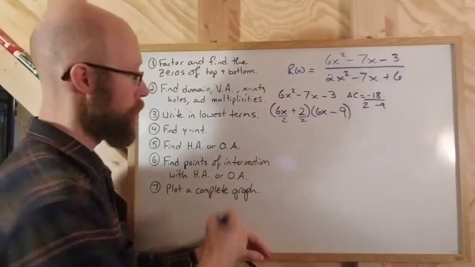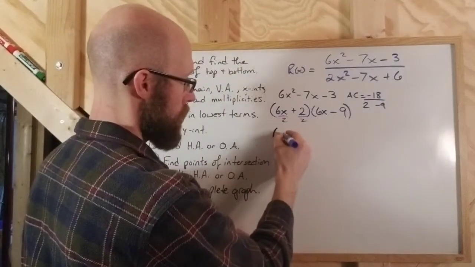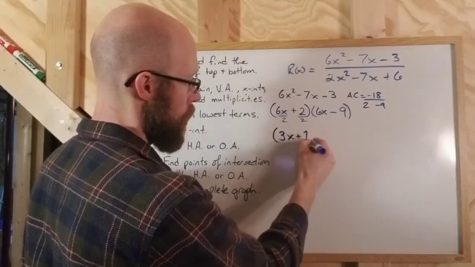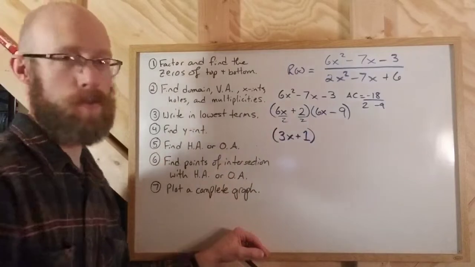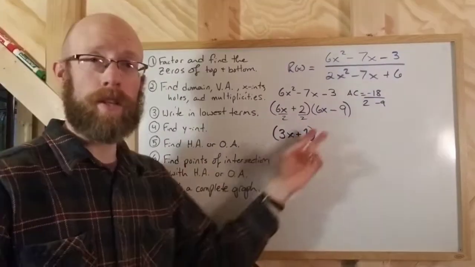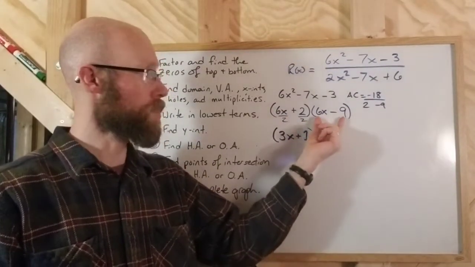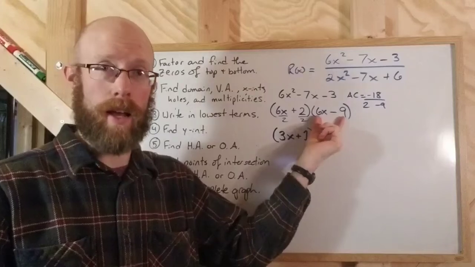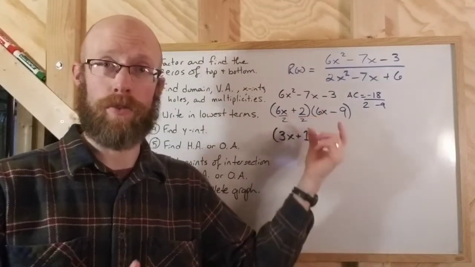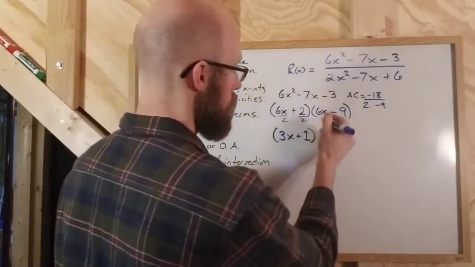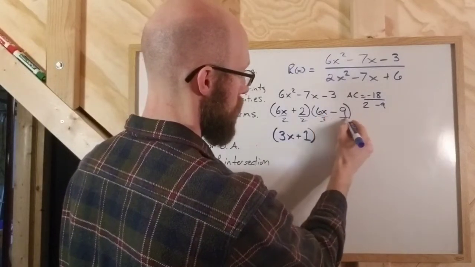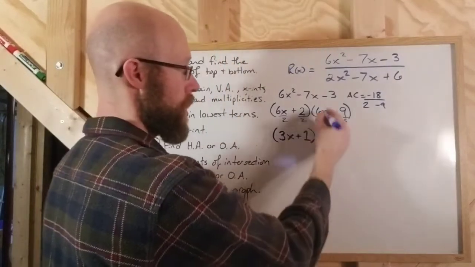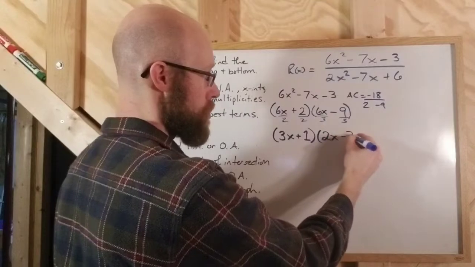What I'll be left with is the factor 3x plus 1. Now let's repeat that process with the 6x minus 9. They have a common factor of 3. I'll divide that out, so divide out the 3 from each, and what I will have left is 2x minus 3.